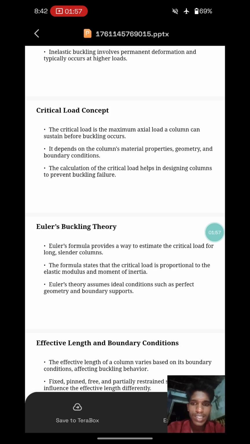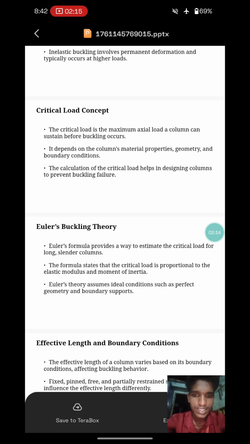Now we will discuss Euler's buckling theory. Euler's formula provides a way to estimate the critical load for long slender columns.